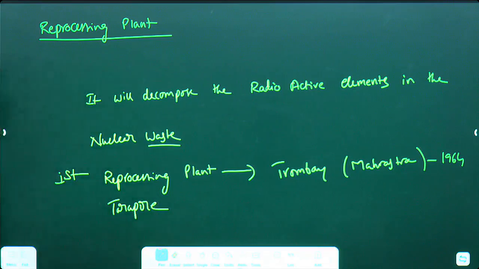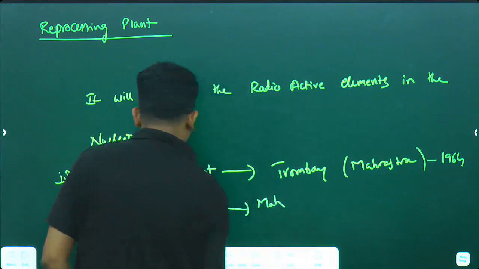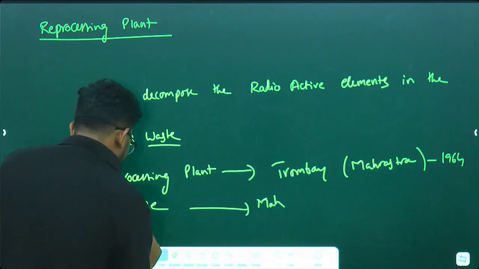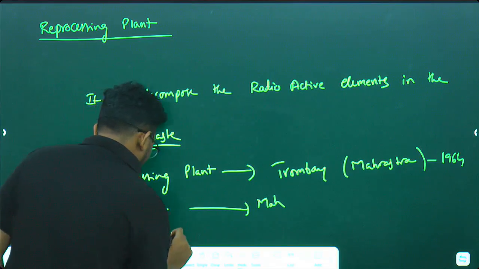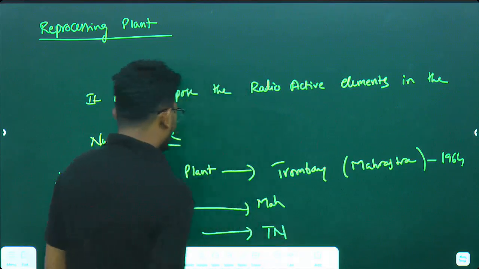Where is Tarapur? Maharashtra. And the third one is Kalpakkam, Tamil Nadu.